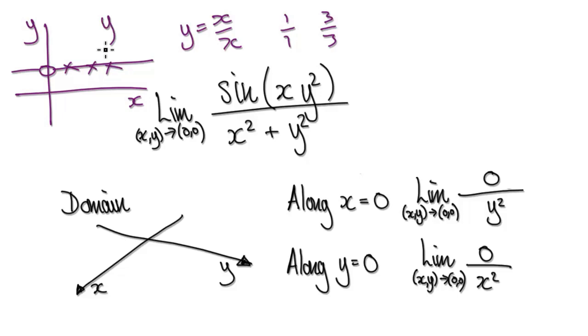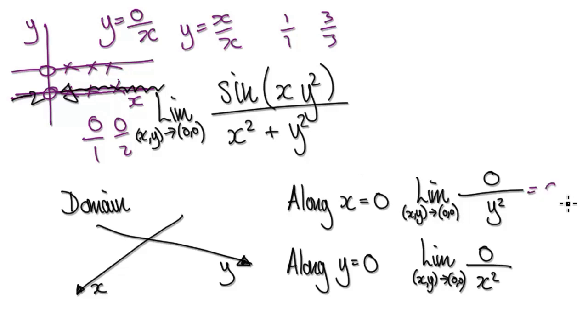So when I give you y equals 0 over x, well, 0 divided by 1 is 0, 0 divided by 2 is 0, 0 divided by 3, and so on. It will look like this. So as you approach 0, as y approaches 0, you can see that you're heading towards 0.